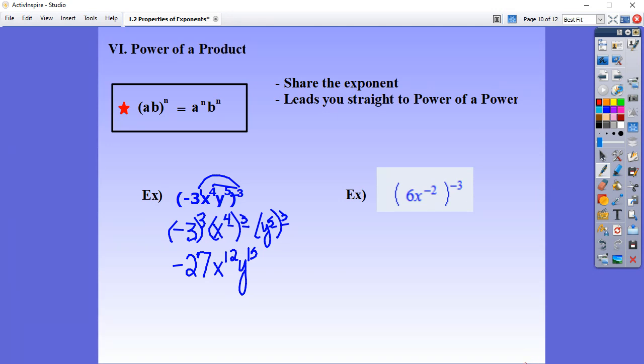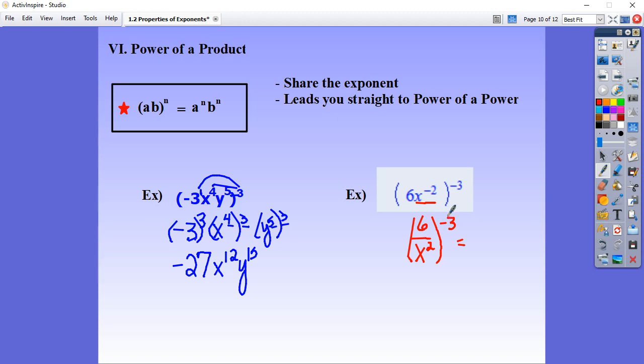So we flip things. Another way of doing this is I'm going to flip the x inside. So I'm going to make the inside exponents positive if I can. Now, what this allows me to do, instead of sharing, is take the fraction I have as the base. The 6 over x squared is my base.